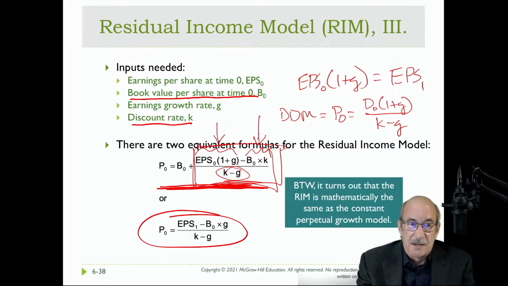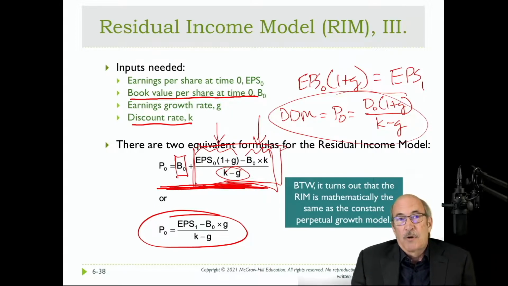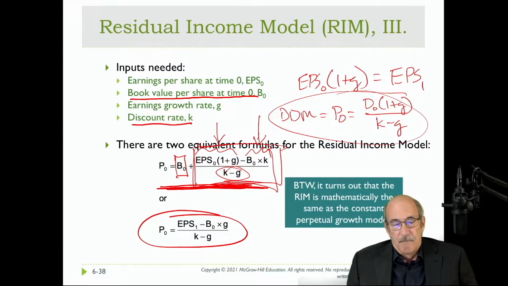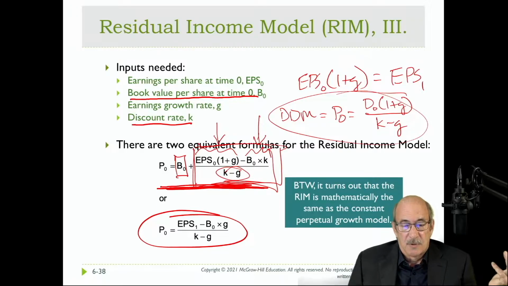Now, what's different about that than what we have over here in the DDM is we're going to add to that the book value of equity that we currently have in the firm. So not only is it what we're going to get in the future, but it's what we already have invested in the firm. So the sum of those two is the price that the stock should be selling for.